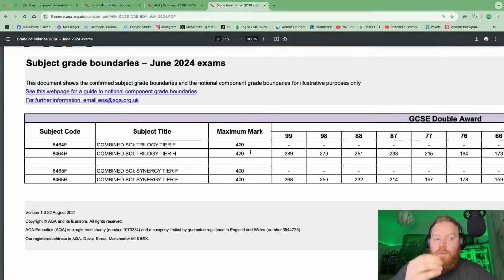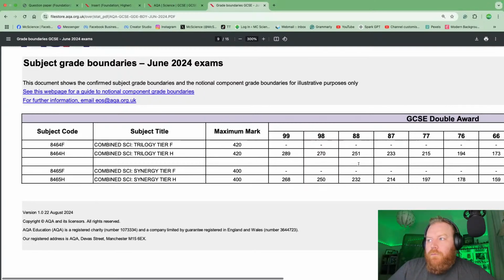And again, you can go to Edexcel or OCR and find these grade boundaries as well for last year's exam papers. If you go through each grade boundary, you'll recognize that it's always around roughly similar amounts.